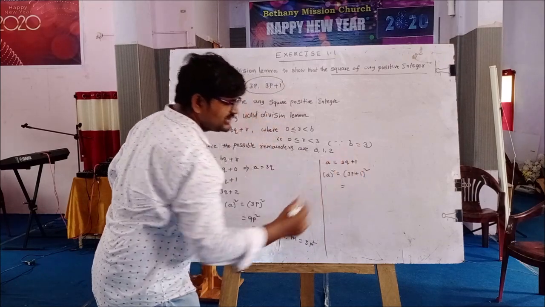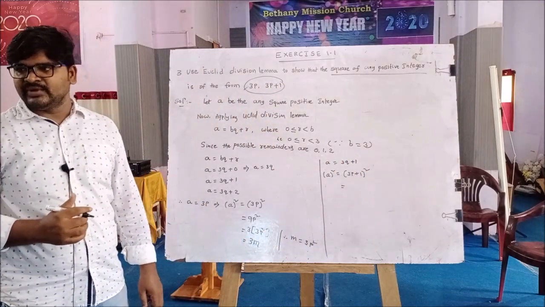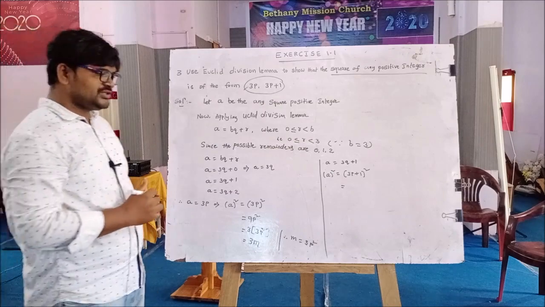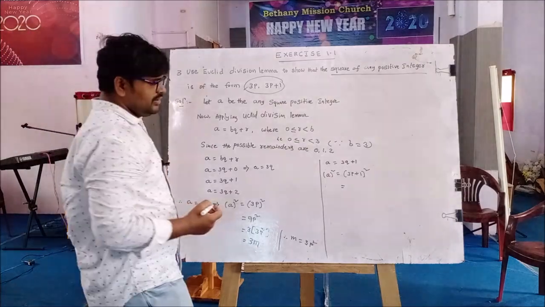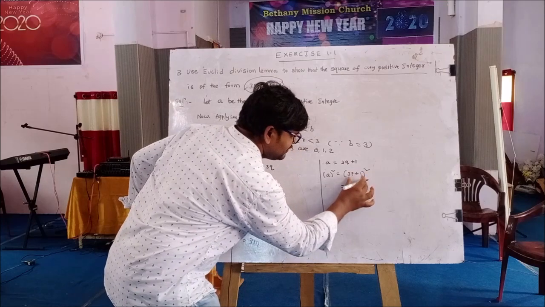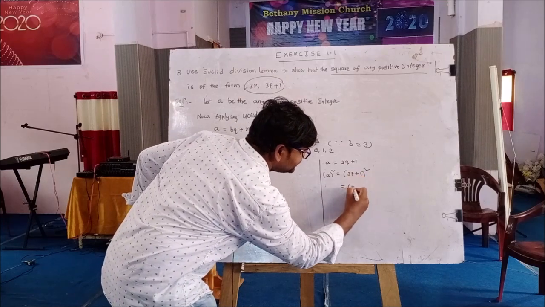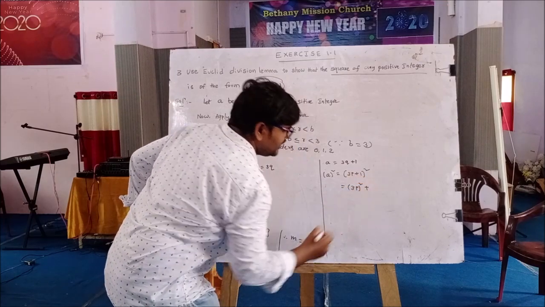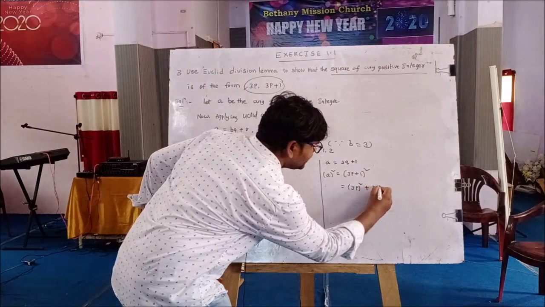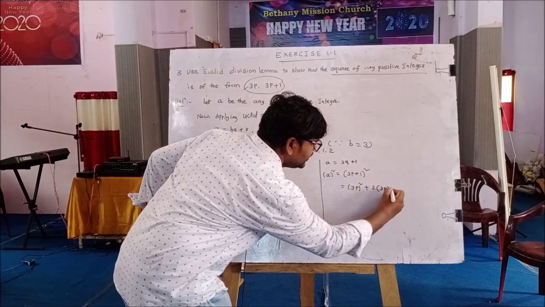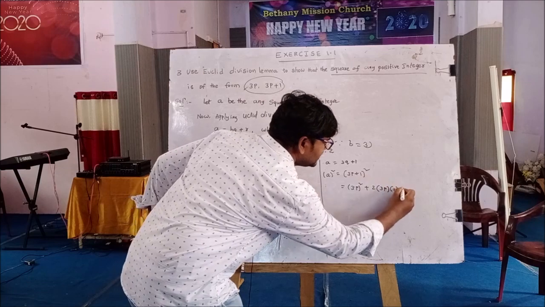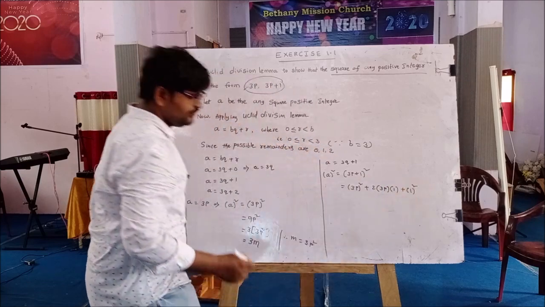This is the a plus b whole square formula: a square plus 2ab plus b square. Here a square is 3p square, plus 2 into a, 3p, into b, 1, plus b square, 1 square.